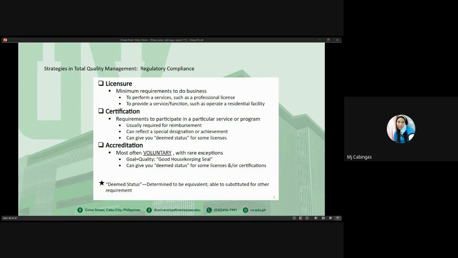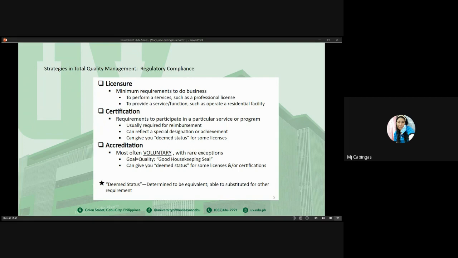To provide the service function such as operate a residential facility, and then certification requirements to participate in a particular service or program, usually required for reimbursement, can reflect a special designation or achievement and can give you deemed status for some licenses.